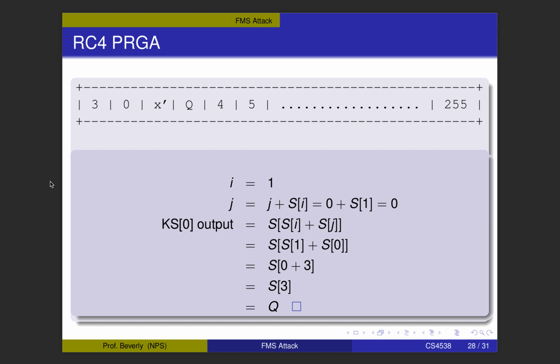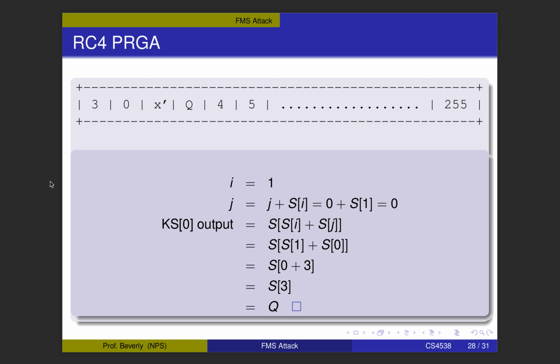If we add those two together, we get 3, and then we index into the third element of S. When we do that, that gives us exactly Q. So what we got out of here was Q in this case.